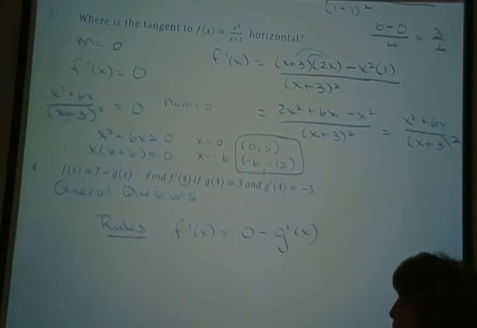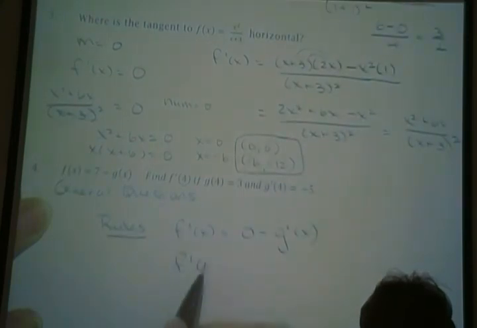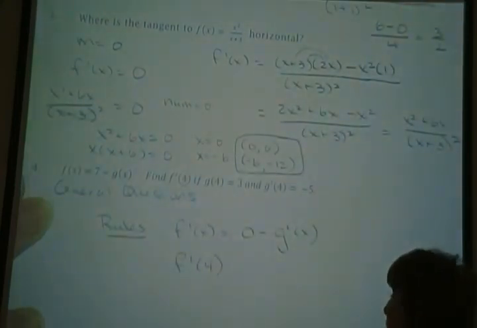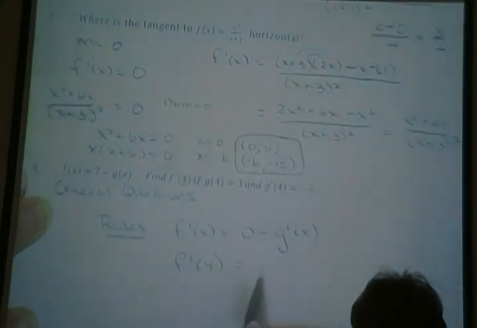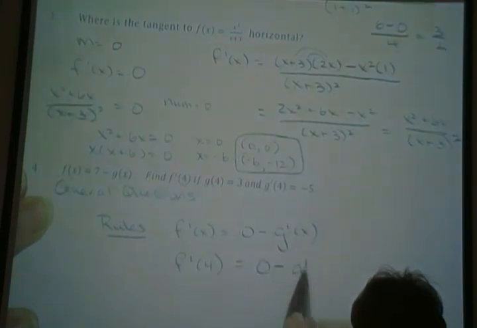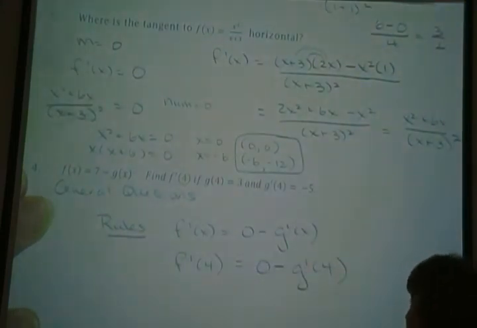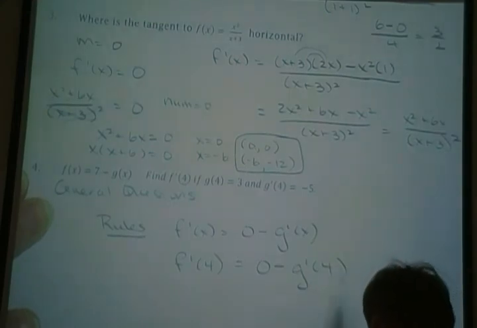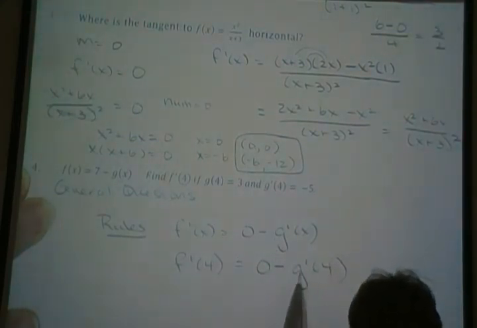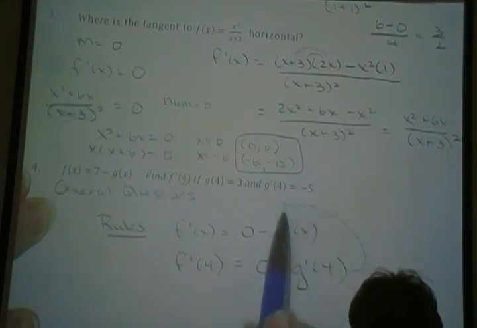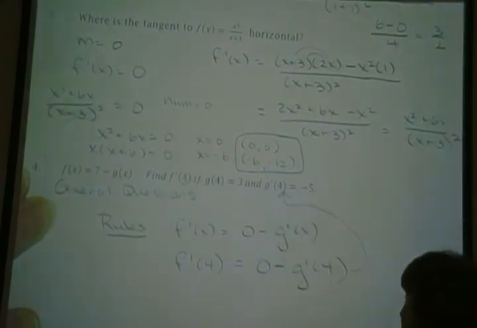but you can call its derivative g prime. And now if I want f prime evaluated at the number 4, it's going to be 0 minus g prime evaluated at the number 4. Well, I don't know what g is, I don't know what g prime is, but I do know what g prime of 4 is because it was given to me in the problem.